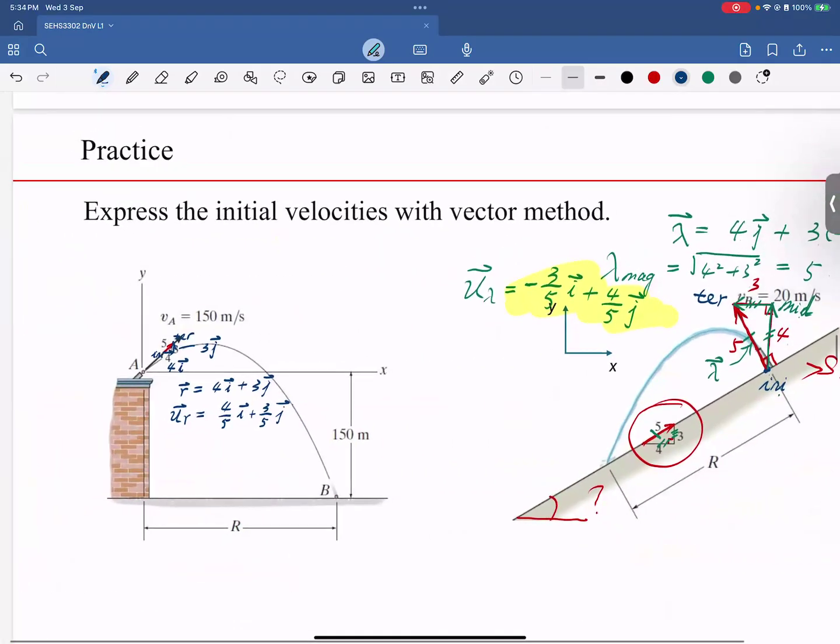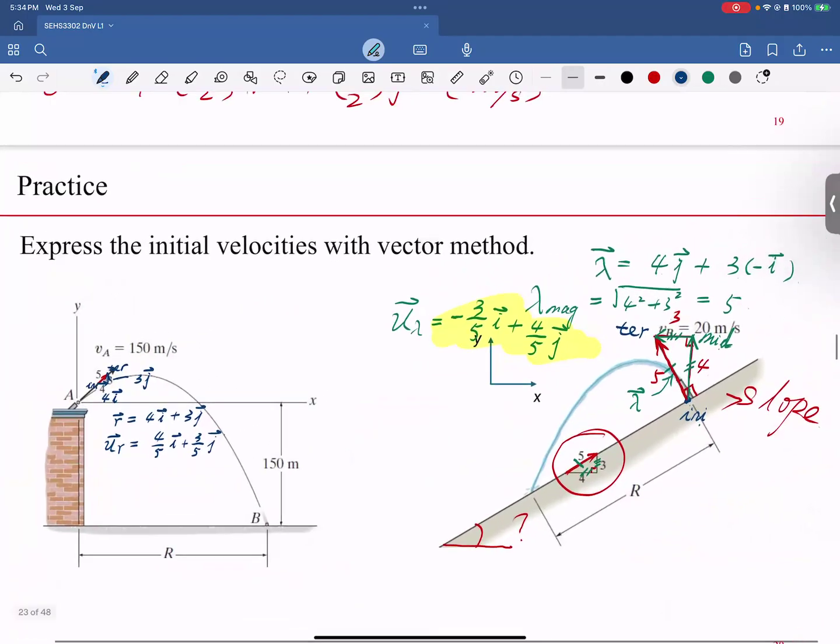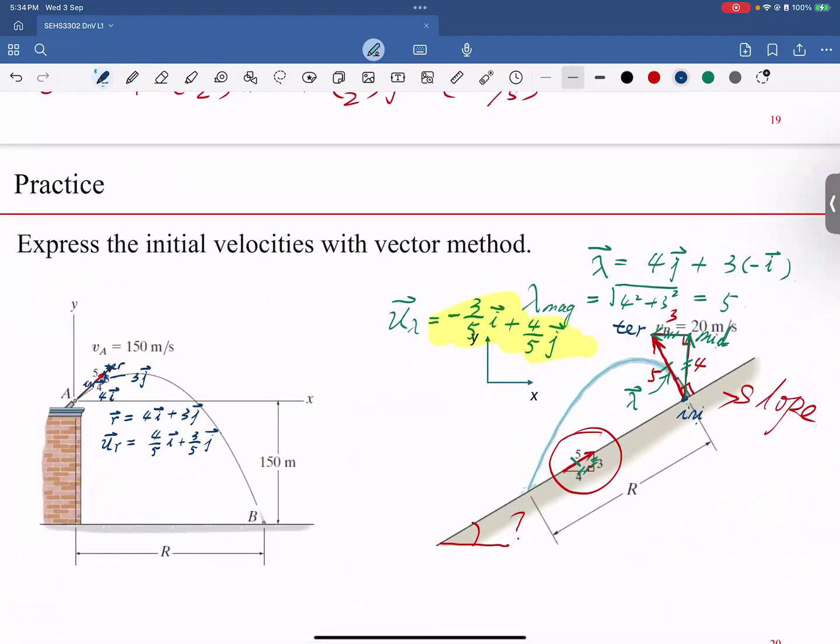Put 2 examples together, you can compare them. Once you got the ratio, you got the vector of that variable. It can be used for velocity, can also be acceleration, even angular velocity, even angular acceleration.